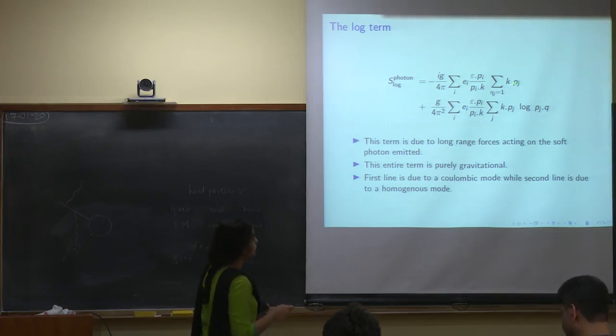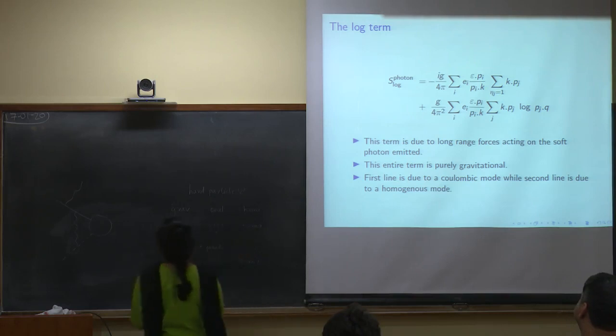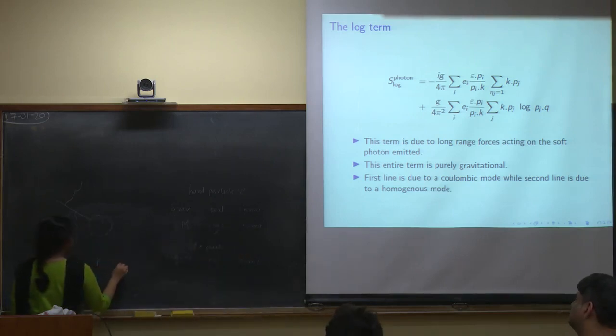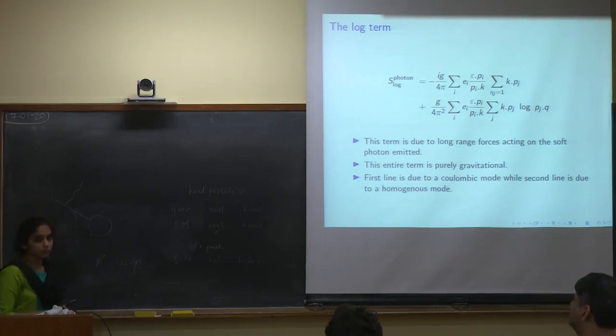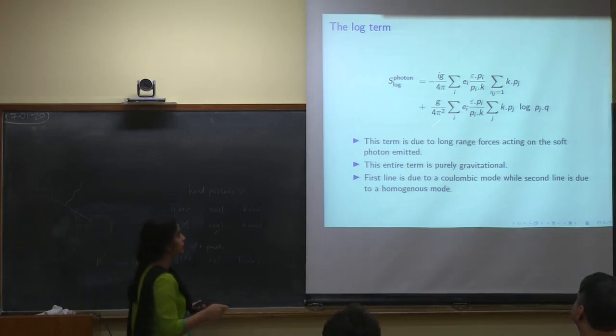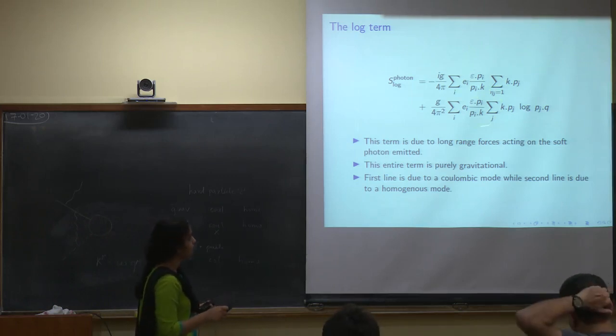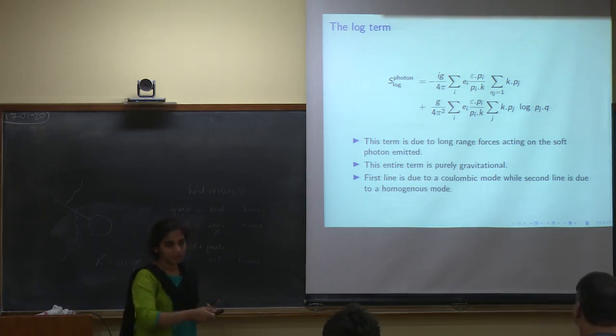So k is equal to omega q. This entire thing can be written like this, so this is also qq, the omega just cancels. So everything on the right hand side should just depend on q, because it has the angular dependence of the momenta of the soft photon.